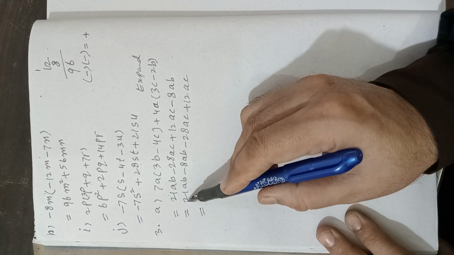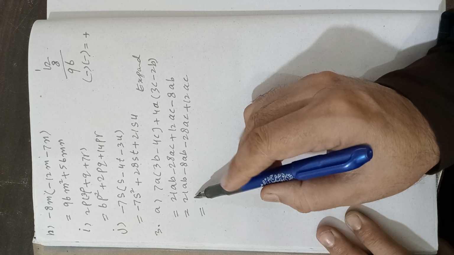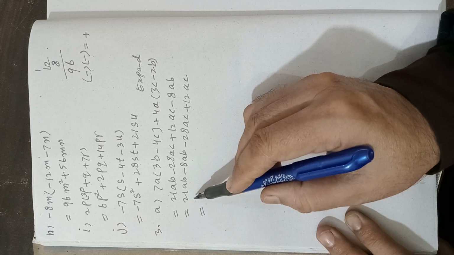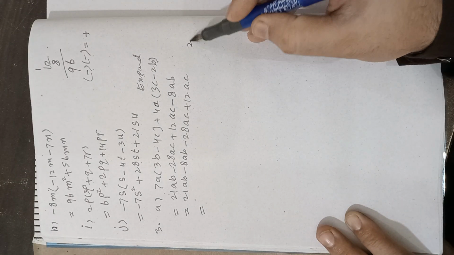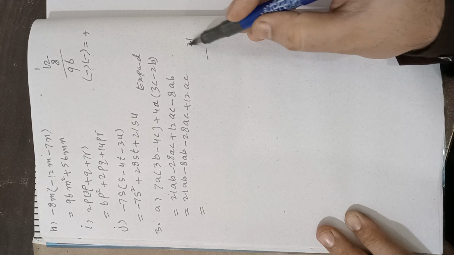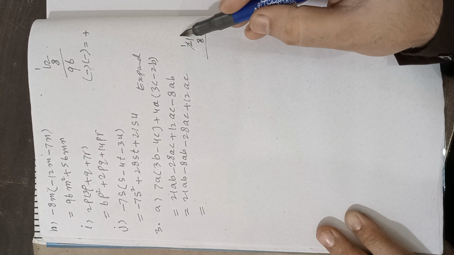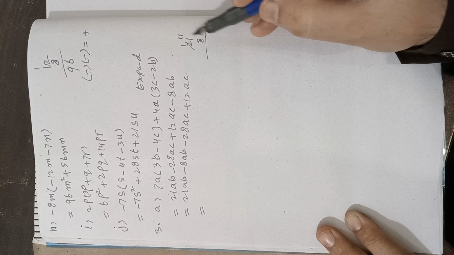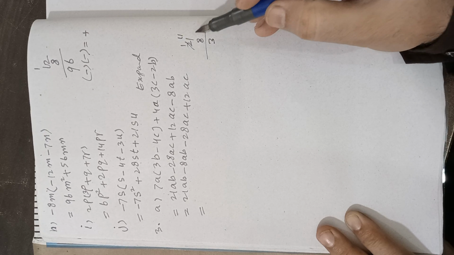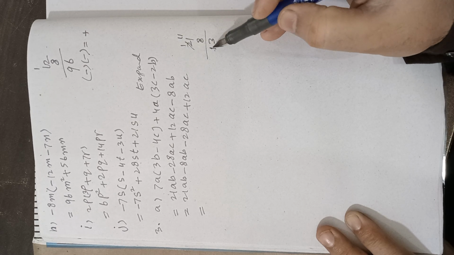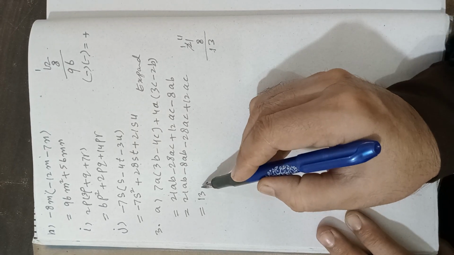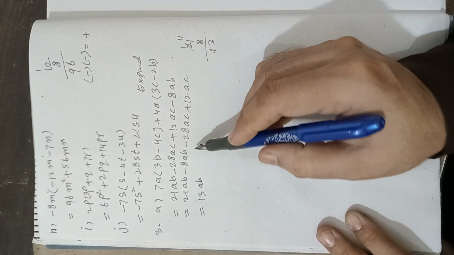You will subtract these, remove 8 from 21, and the answer will be 13 ab.